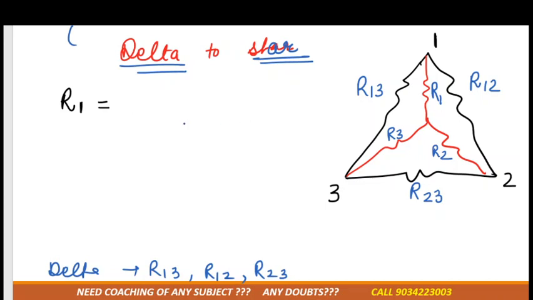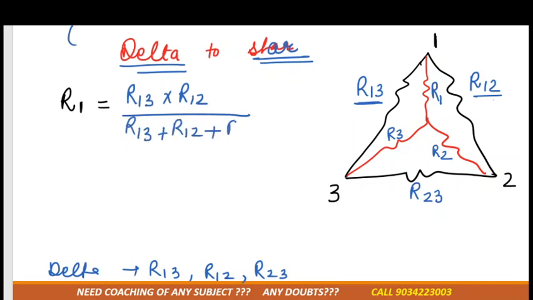As you can see, R1 is connected between R13 and R12. So write R13 multiplied by R12, divided by the sum of all resistances connected in delta, that is R13 plus R12 plus R23. Understood? Now you don't need to cram this formula. Similarly, tell me the formula for R2.